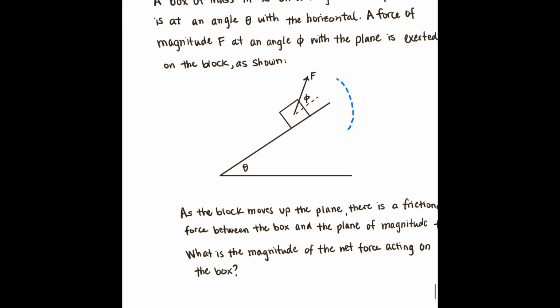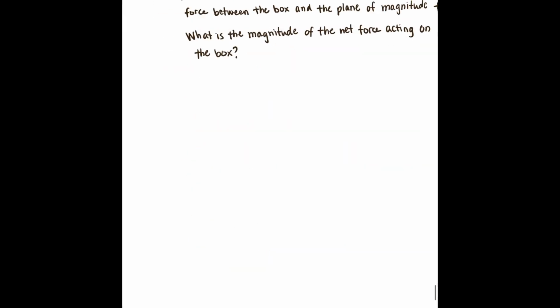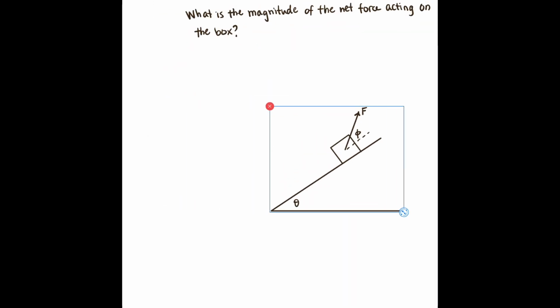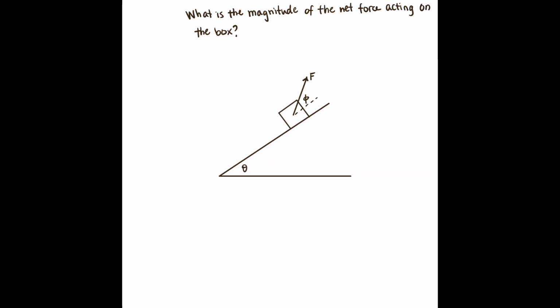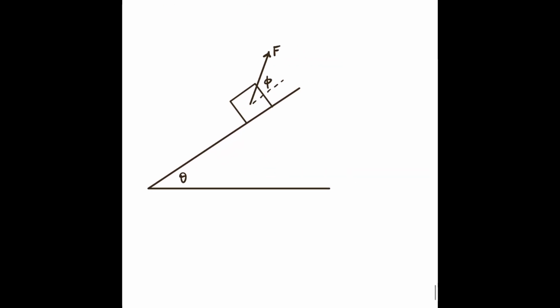So the first thing we'll do is copy this diagram that we're given and draw a free body diagram. The first force that's going to be acting on the box is gravity, which is mg.